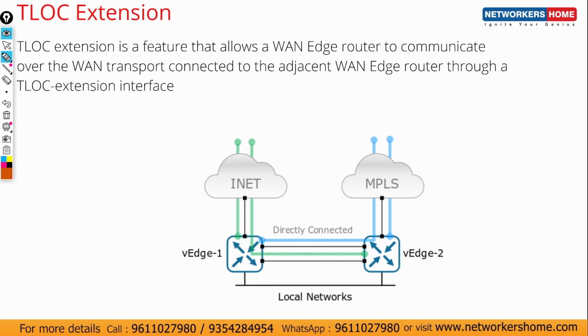Practically, you are extending this interface through this interface, taking it all the way to here. So you are taking this internet connection, and it will be like this. Although virtually it is passing through this, it will actually be like this, although the real communication is going to be like this. So that is what a TLOC extension is.